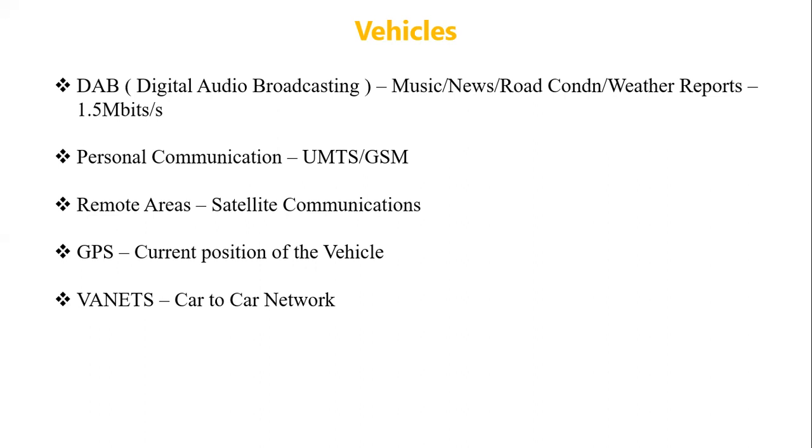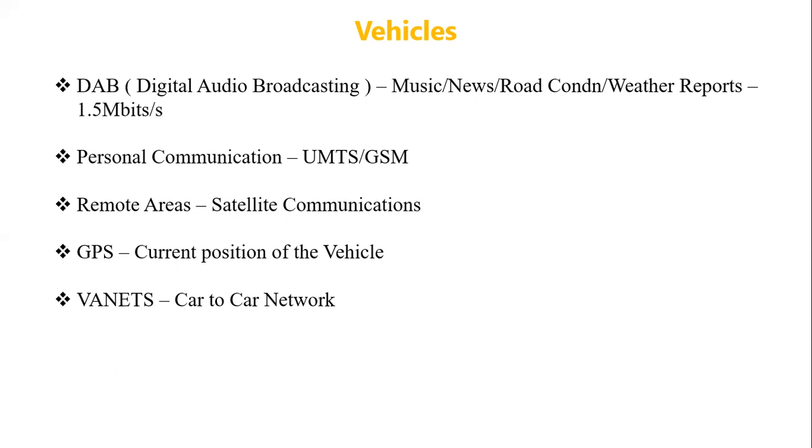And also if there is any accident, whenever there is an accident, the airbag will trigger. But other than getting the airbag triggered, the vehicle involved in the accident will also transmit this information to the vehicles coming at the back, so that they will slow down, and further accidents can be avoided.